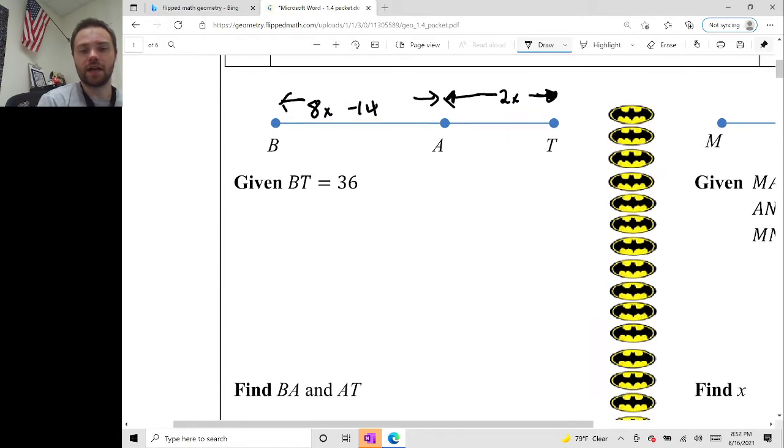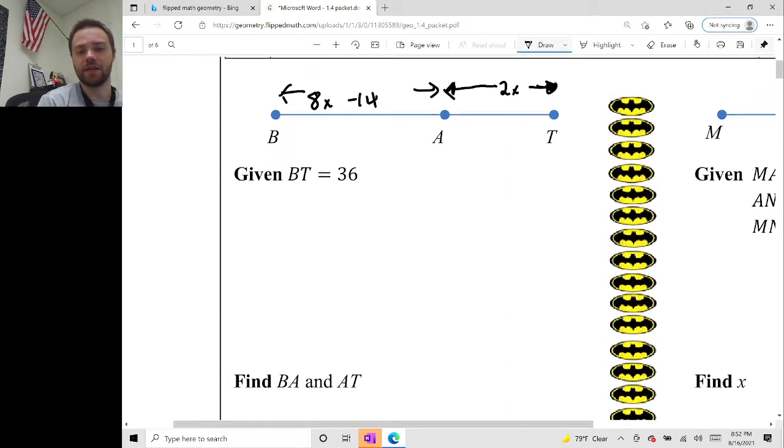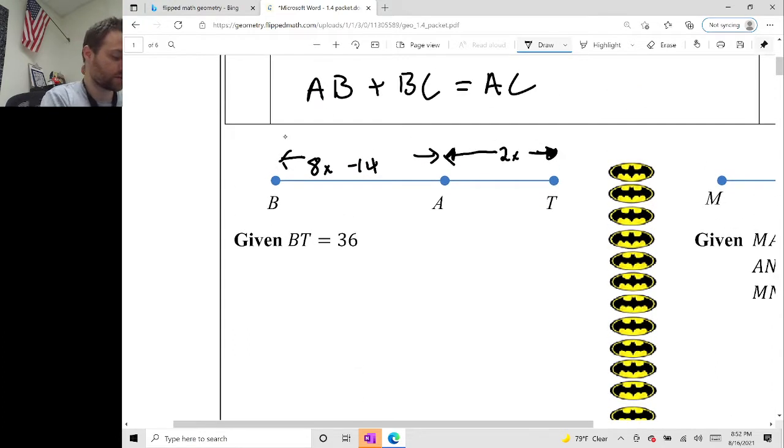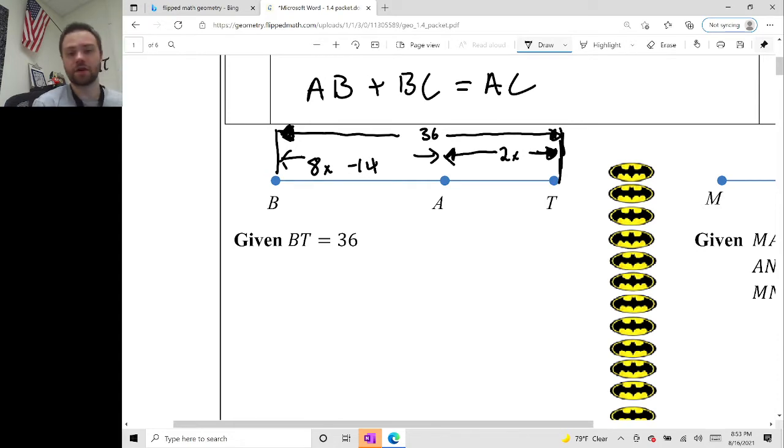And down here, it's asking us to find BA and AT. They also give us that the distance from B to T, this entire distance, is 36. So I'm going to draw that in as well. So this entire distance is 36.